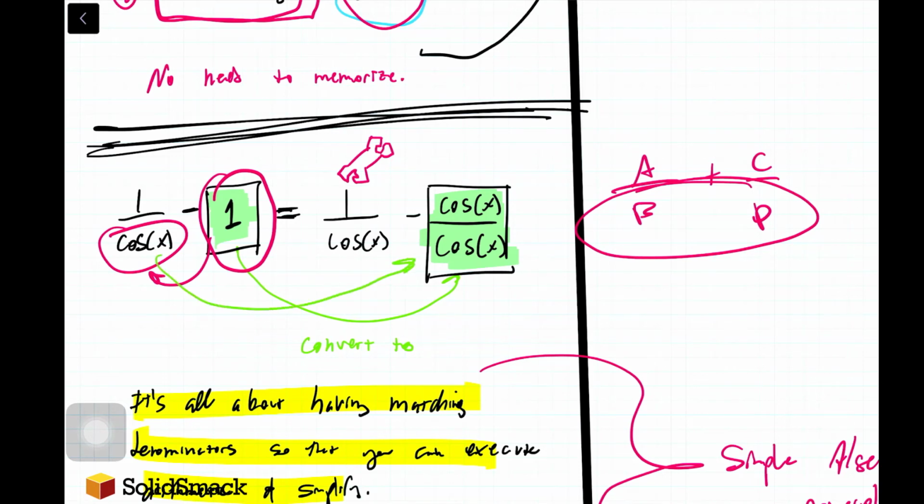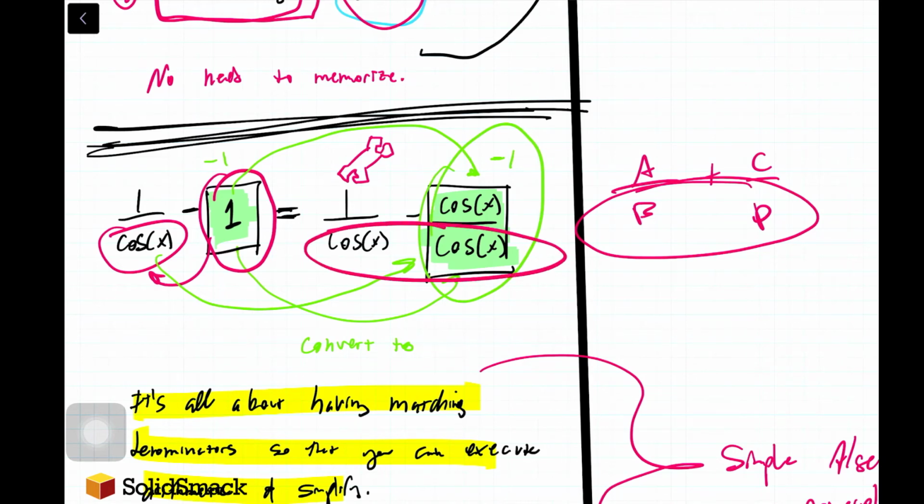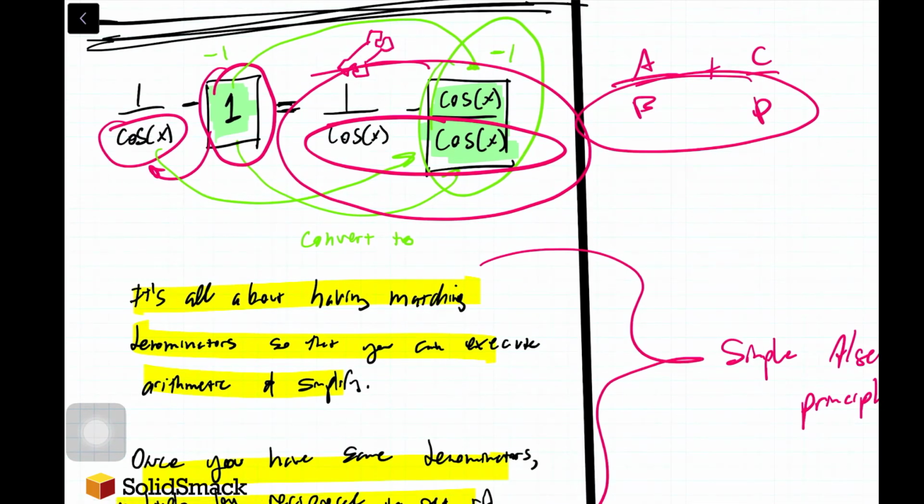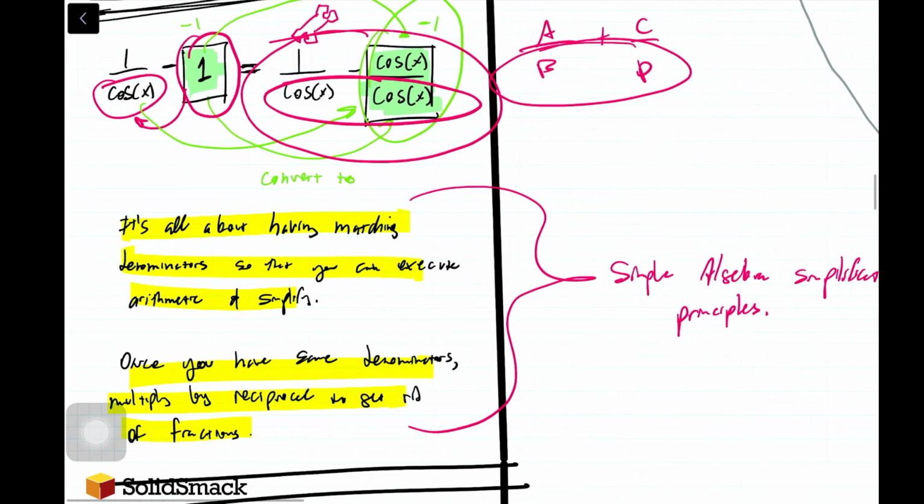So if we look here on the right side, we converted the 1 into cosine over cosine. It's the same thing. You're subtracting 1 on both sides. These are equal. So that's the name of the game, remember? You always want to have the same denominators so you can conduct arithmetic. Wow, isn't it clicking? It's over and over again, the same thing.